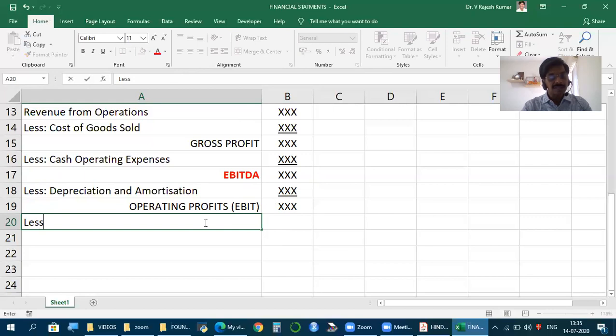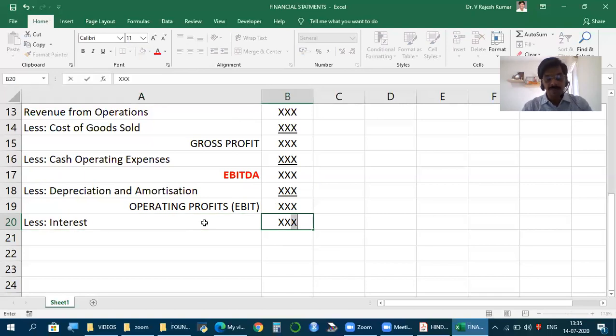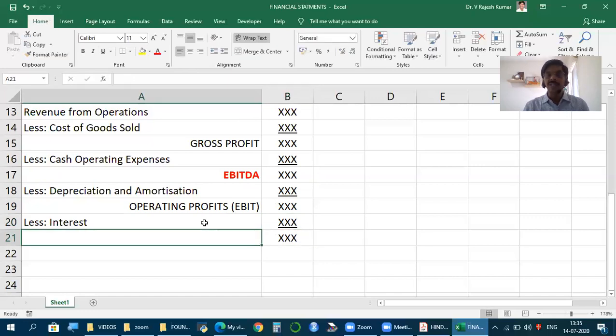From this, deduct interest. What interest is this? Interest on borrowings. So in case the business entity has borrowed funds, then any interest on that should be deducted. Deducted, we get what is called EBT, earnings before tax.